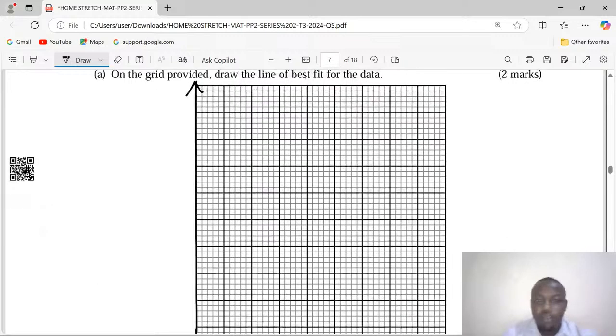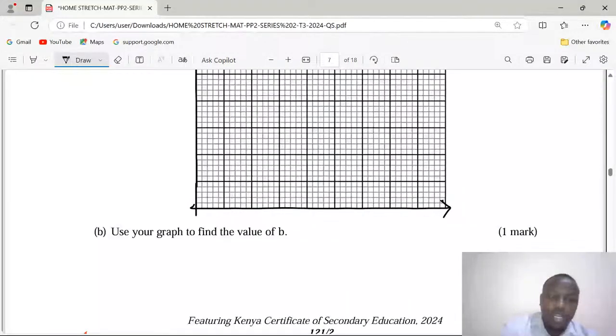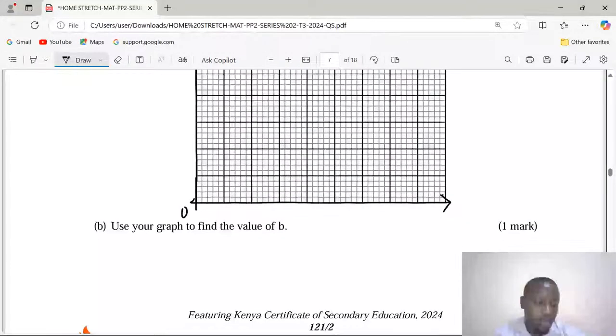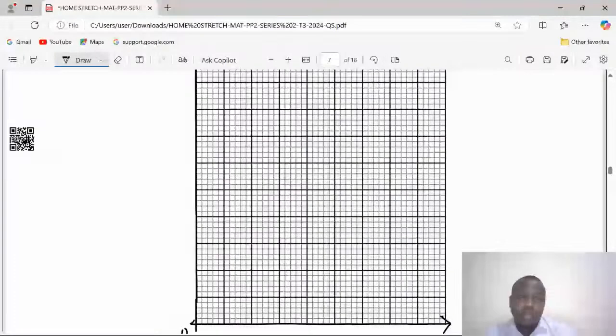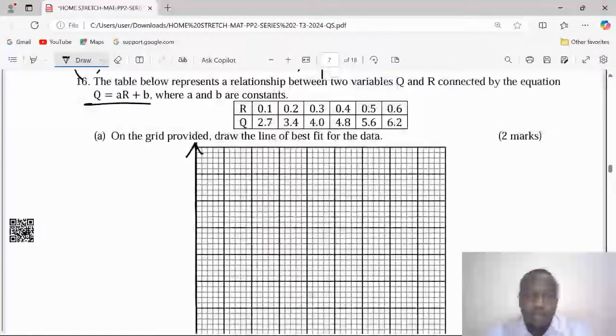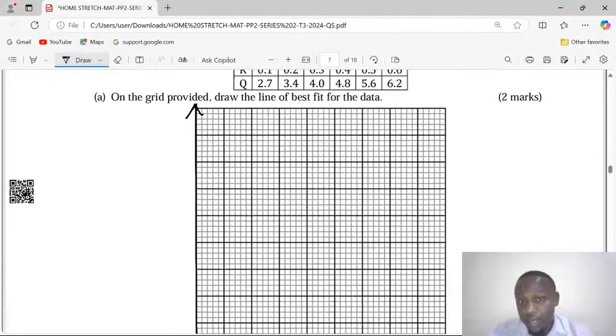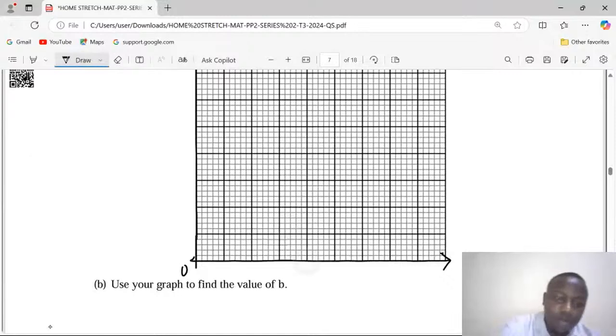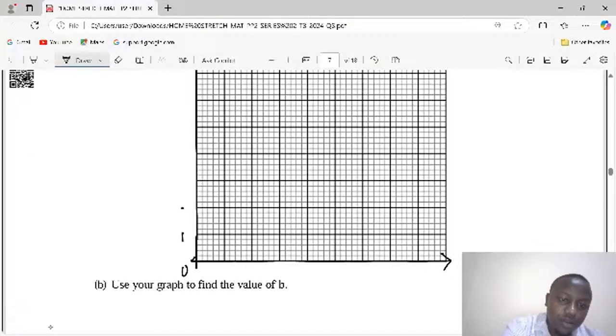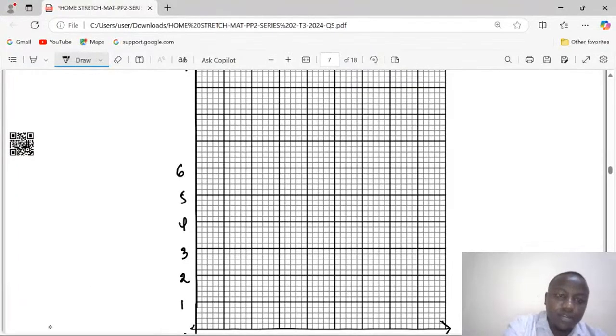The line of best fit can now be drawn with the way the equation has been given. Q is supposed to be on the y-axis. So on the y-axis, we can use intervals of 1: 1, 2, 3, 4, 5, 6, 7, 8.